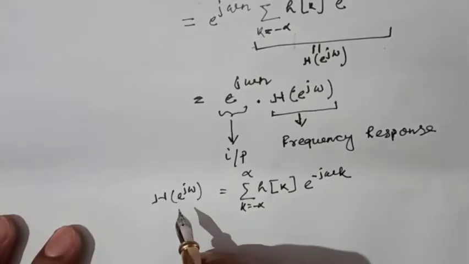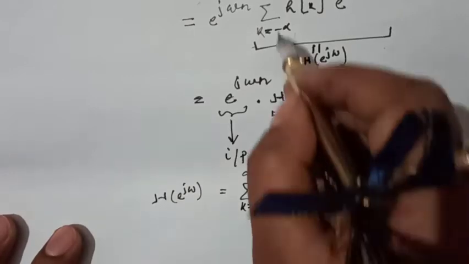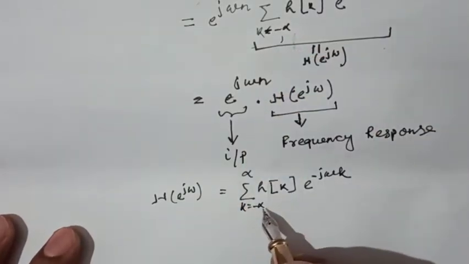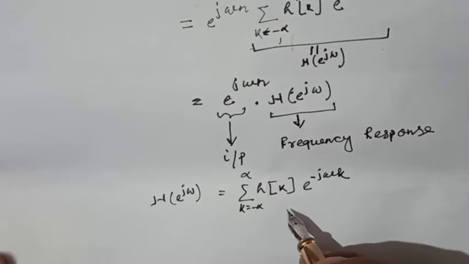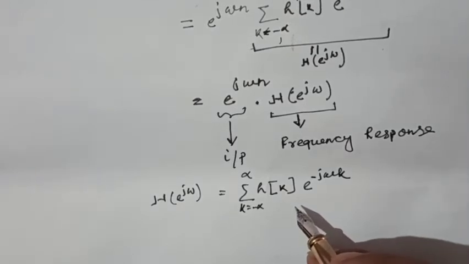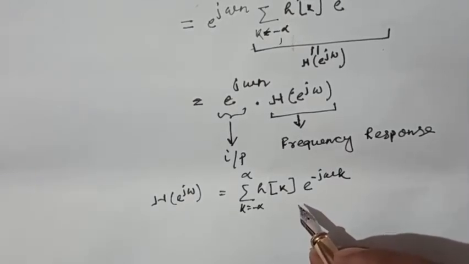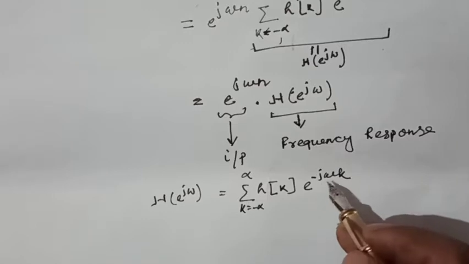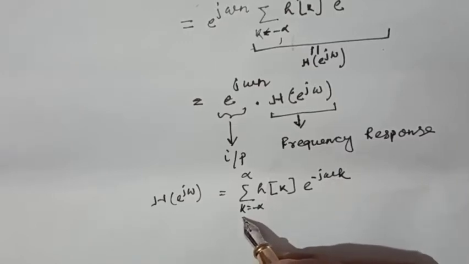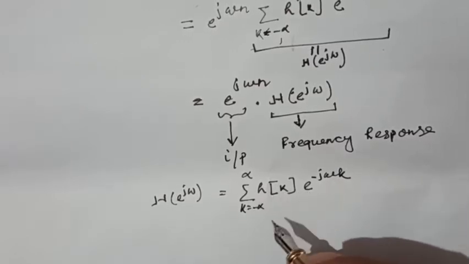Now this function H of e to the power j omega is the summation over k equal to minus infinity to infinity of h of k into e to the power minus j omega k. Or, in case you write h of n e to the power minus j omega n, then it will be summation over n equal to minus infinity to infinity, the same thing only.